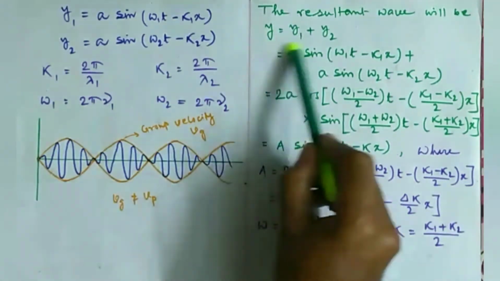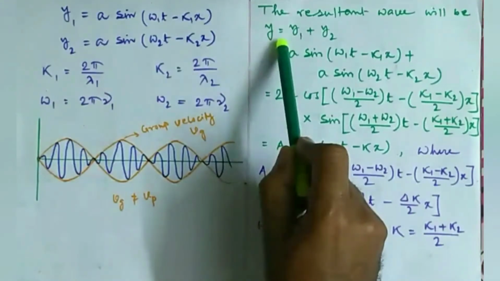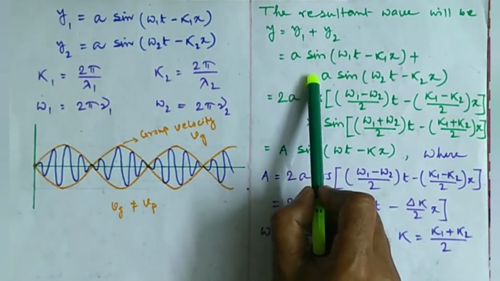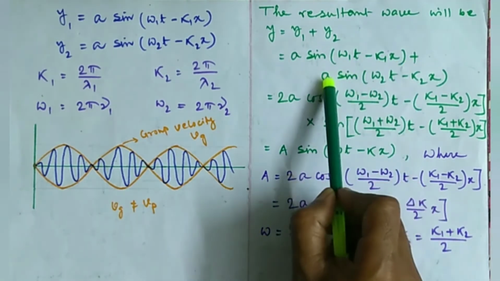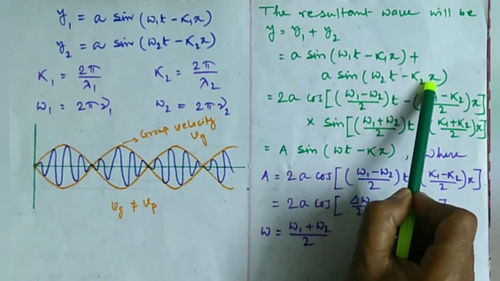The resultant wave of these waves will be y equal to y1 plus y2 equal to a sin (omega 1 t minus k1 x) plus a sin (omega 2 t minus k2 x).